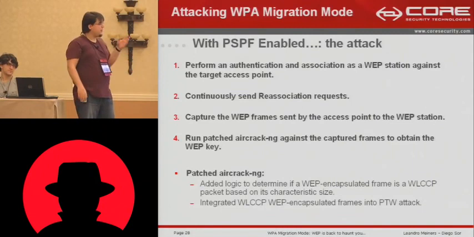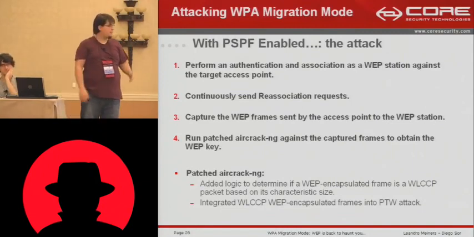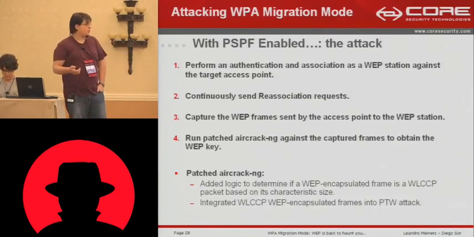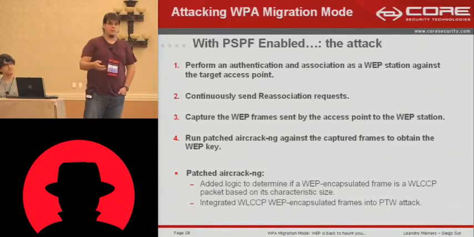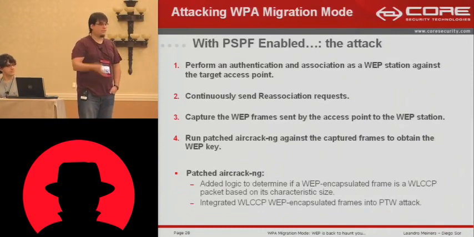So we patched Aircrack to support the PTW attack, which came out in 2007, which does a different type of cryptanalysis on WEP, and is able to crack the WEP key with a good chance using 80,000 packets, which is a lot lower.